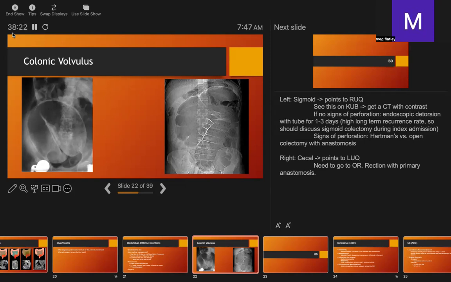So now they're saying that if they're an appropriate surgical candidate and will tolerate it, you should think about having a discussion about doing a sigmoid resection at their index admission. They've already said it, I just read it, but you should think about doing it at the index case, okay?